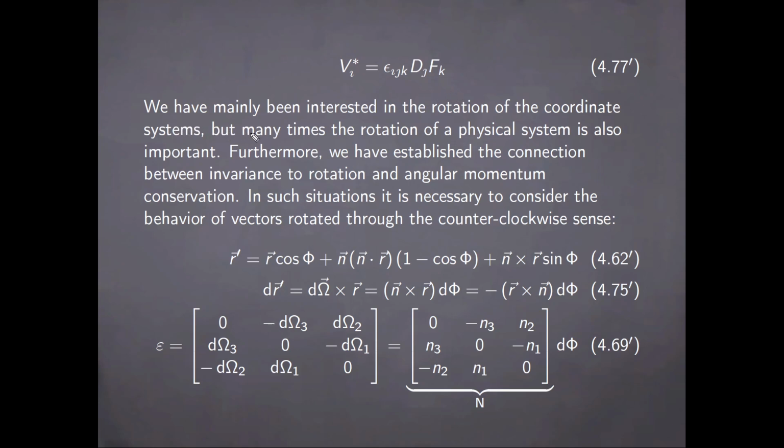So far we have mainly been interested in the rotation of the coordinate systems, but many times the rotation of a physical system is also important. Furthermore, we have established the connection between invariance to rotation and angular momentum conservation. In such situations, it is necessary to consider the behavior of vectors rotated in the counterclockwise sense.